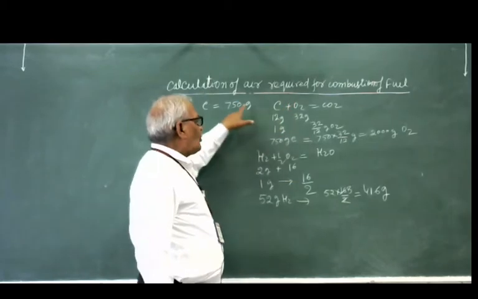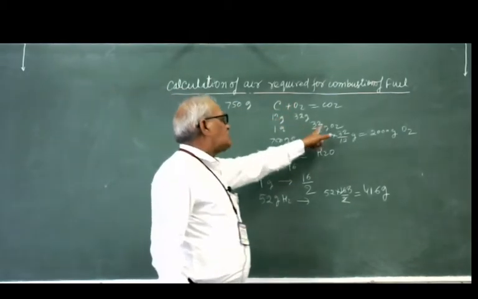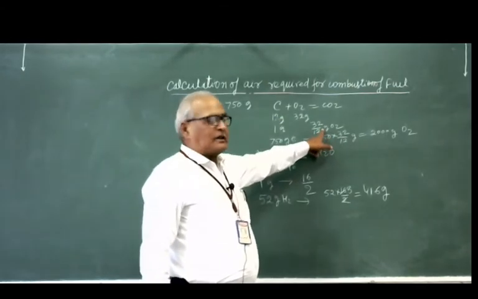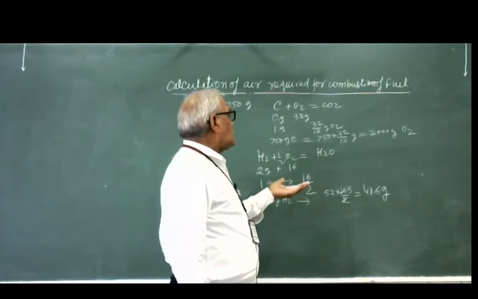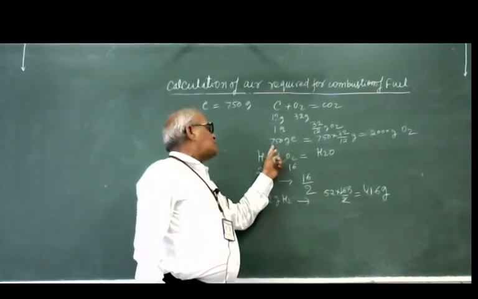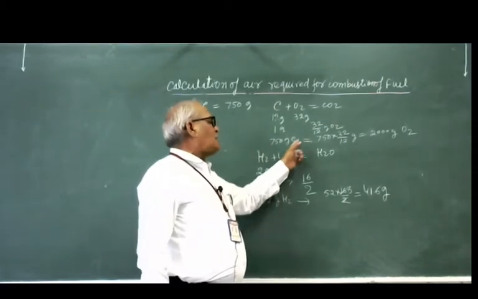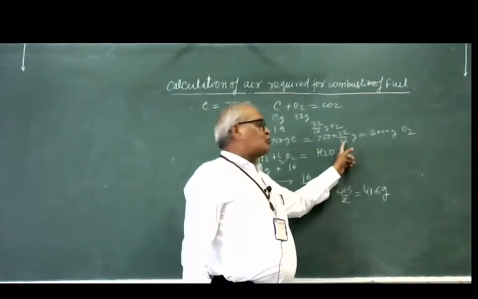Chemical reaction shows that for 1 gram of the carbon, this much gram of the oxygen is required. Then how much oxygen will be required for complete combustion of the 750 gram of the carbon? That is 750 into 32 upon 12 gram.